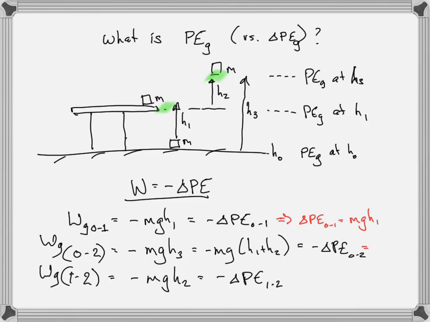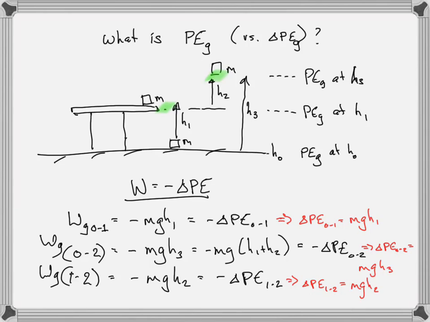The change in potential energy going from 0 to 2 is mgh3, going from the ground to the top height, or mg(h1 plus h2). And therefore, the change in potential energy going from 1 to 2 due to gravity is equal to mgh2.